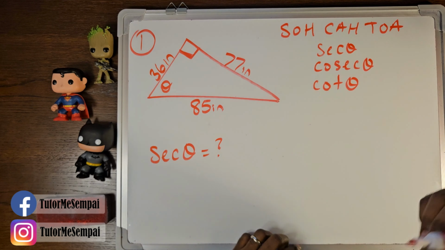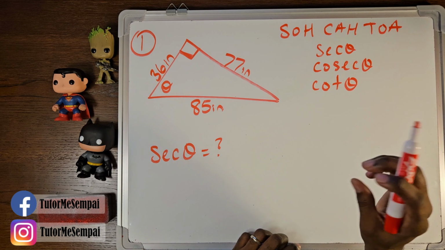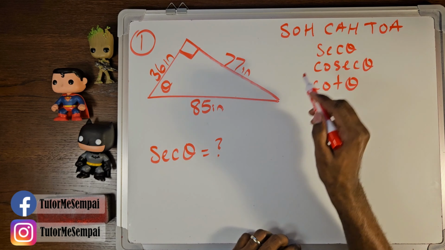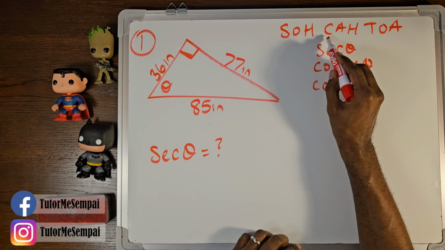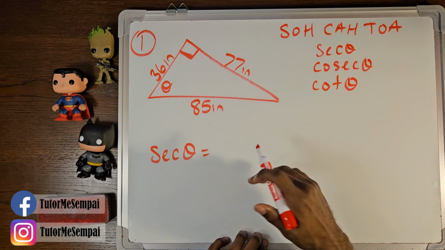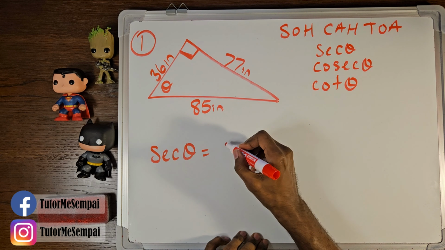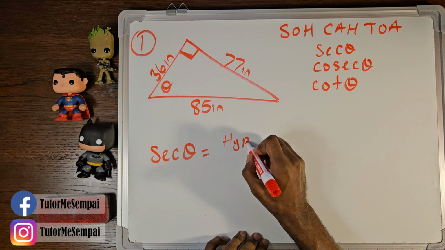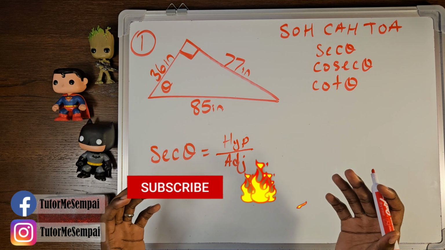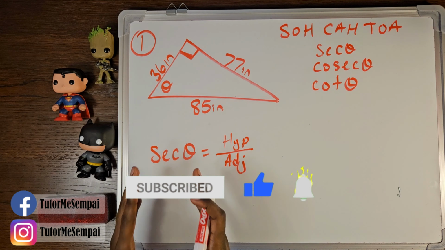SOHCAHTOA lets us know what our ratio is for sine, cosine, and tangent. And if we're trying to find the reciprocal of cosine, we can start with this right here, this CA. And cosine was adjacent over hypotenuse. That lets us know that secant, which is the reciprocal of cosine, is going to be hypotenuse over adjacent. This is how we're going to use our SOHCAHTOA to help us figure out our reciprocal ratios.